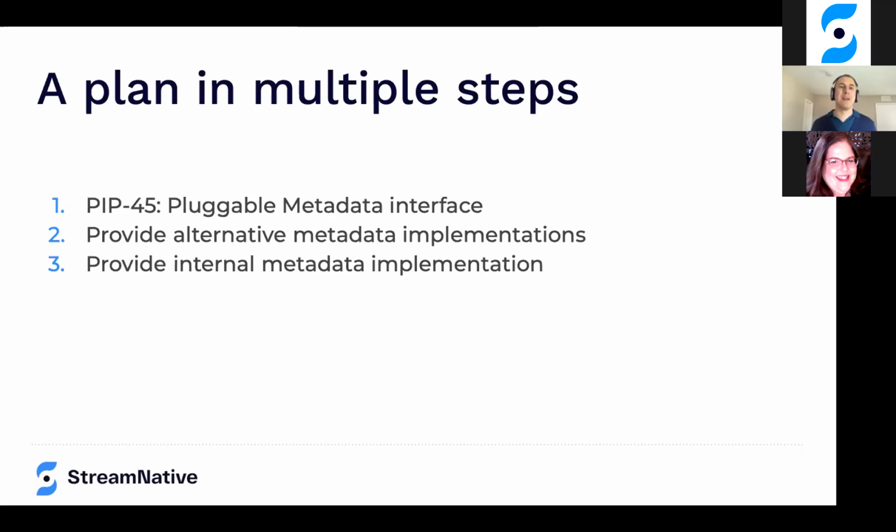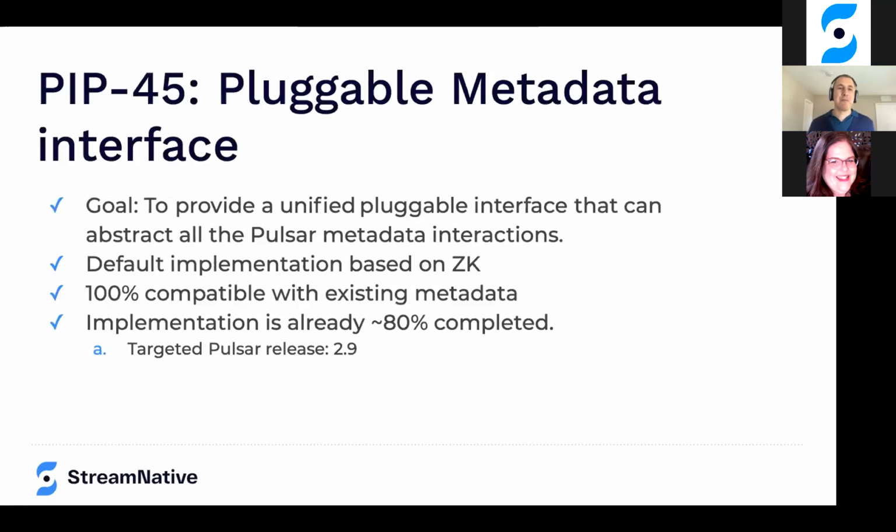Again, one by one, we want to get through all these three steps. The first one was proposed in PIP-45. I think it's already some time ago, and this is already 80% completed.